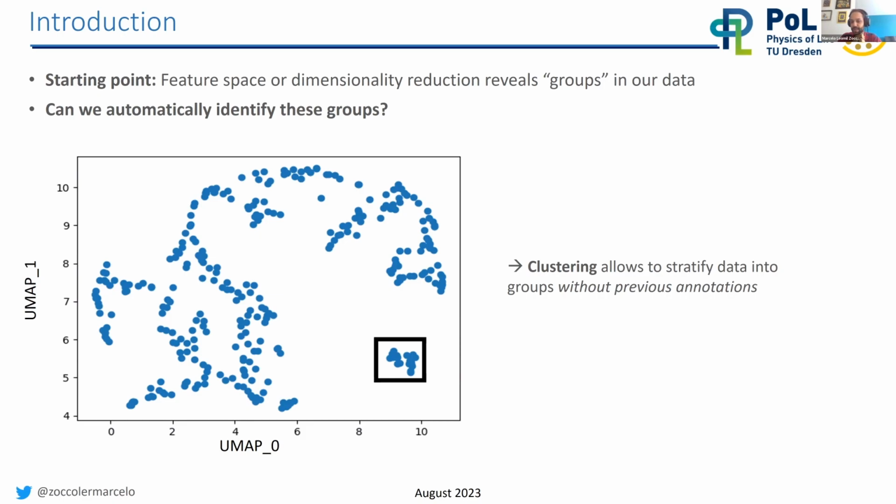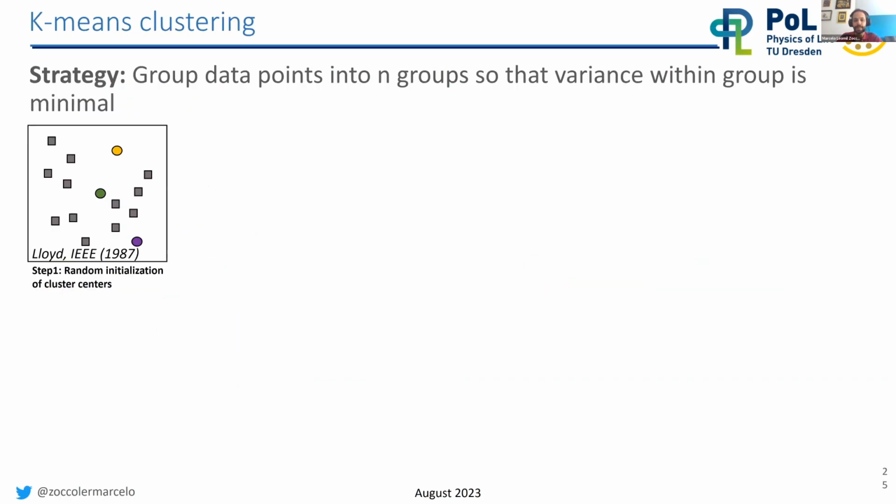That would be clustering. Clustering allows us to stratify data into groups without previous annotation, similar to what I showed before. I'm just going to explain one of the algorithms today, which is k-means clustering. The k-means would group these data points into n groups so the variance within groups becomes minimal.